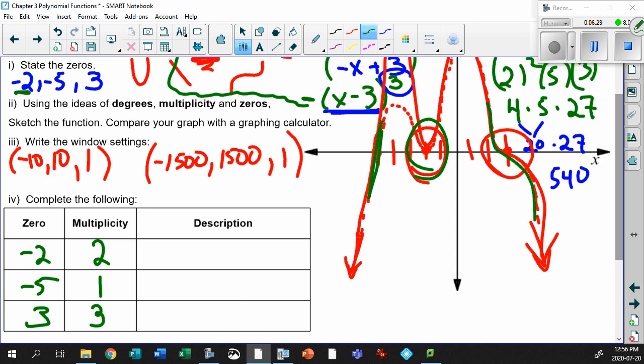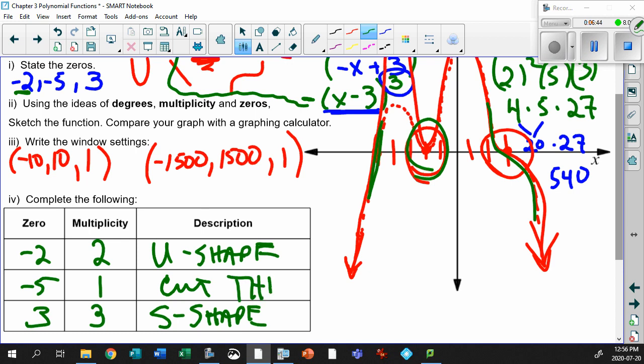Aha, isn't that interesting? So there's our U shape. There's our S shape. And of course, this is just going to cut through. Oh, look at that, 3 times in a row. I spelled it right. Kind of cool. Let's keep on going.